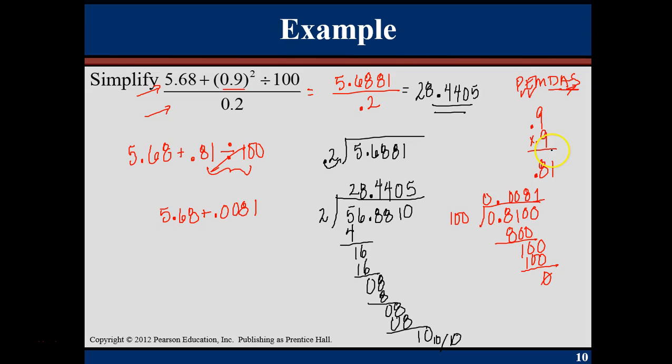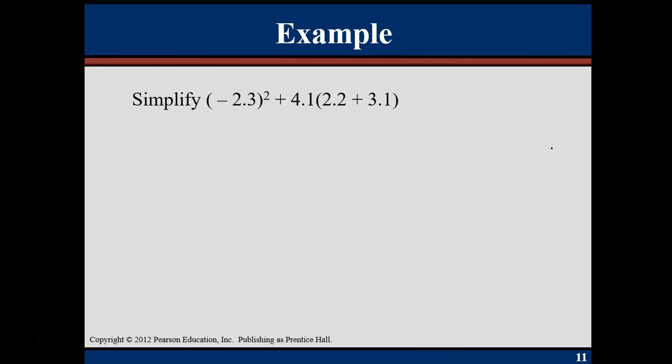You may also have to do some simplifying after you substitute in values. I have an exponent and I have parentheses in this one. So let's start with our parentheses. 2.2 plus 3.1 would be 5.3.